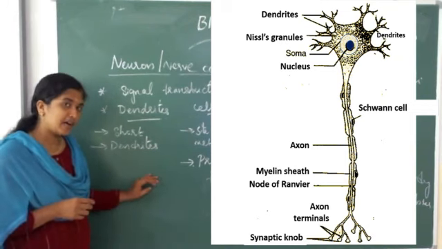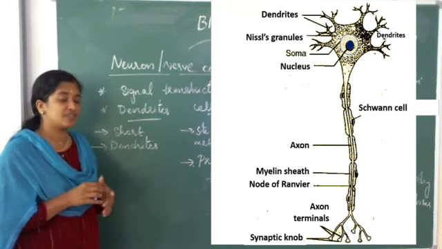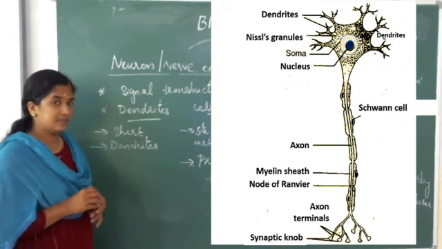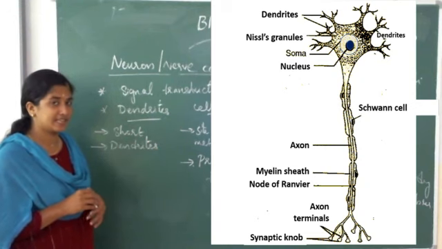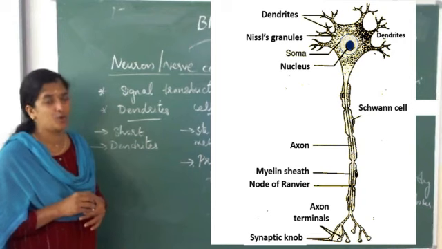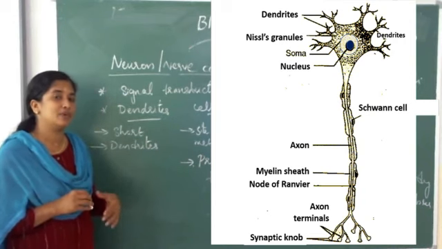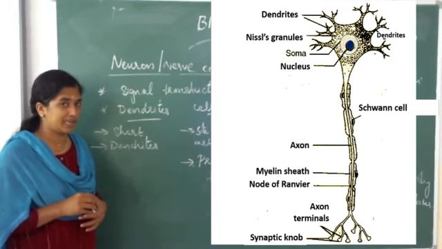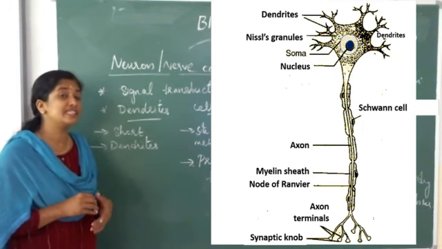They are highly branched structures to increase the surface area to receive stimulus. Once again, dendrites are short branched structures arising from the cell body or cyton, and mainly receive stimulus from other neurons or sensory organs.